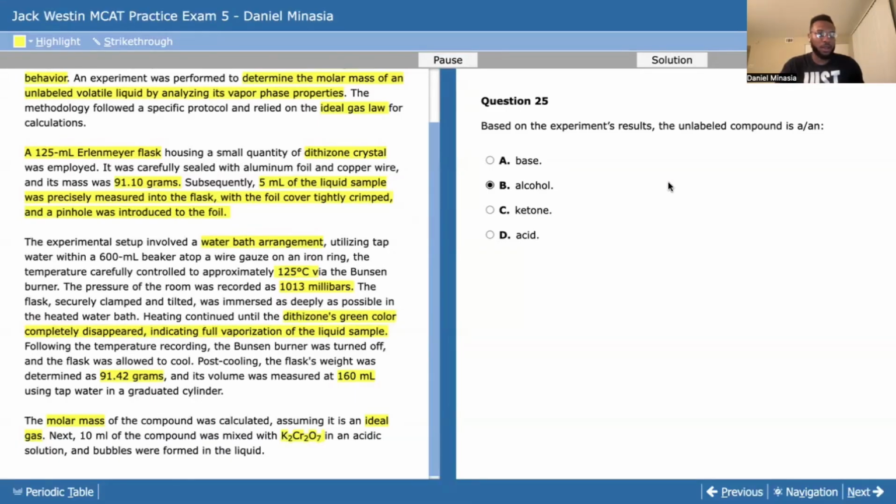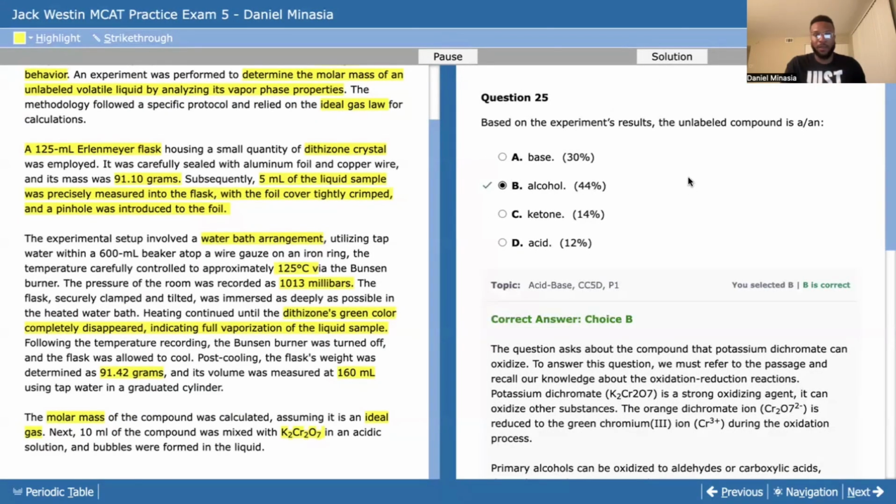So we're putting this unlabeled liquid, or 10 milliliters of this compound, using this ideal gas setup, water bath arrangement, with an oxidizing agent, and now it's in an acidic solution, and bubbles are formed. We're releasing gases. Got to be an alcohol. I am like 90% sure it's an alcohol. Let's see. All right, cool.